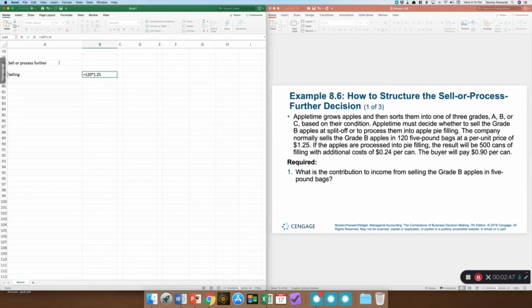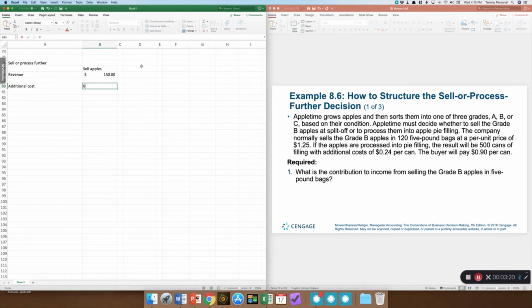So they are going to get $150 of contribution to their bottom line if they sell those apples. And I should have put this as revenue, right? And then additional costs are nothing if they sell the apples, just as is.